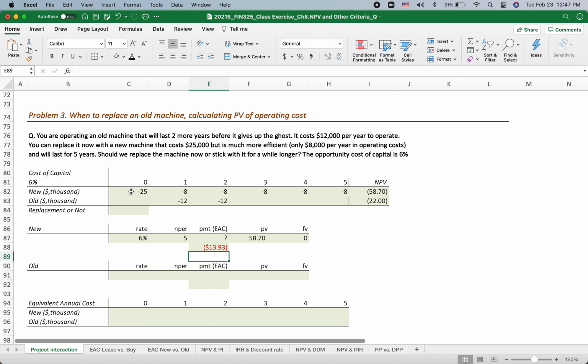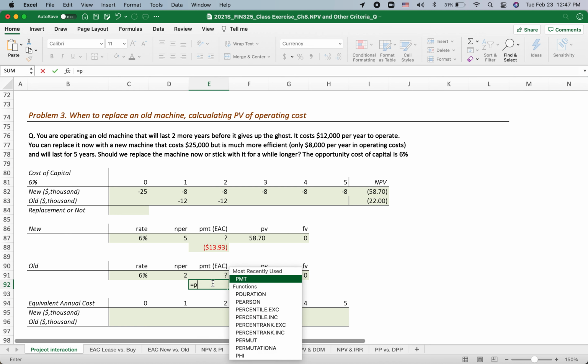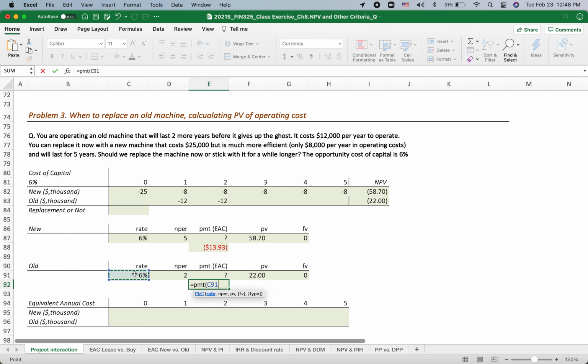If we recast this $58,000 cost throughout years 1, 2, 3, 4, 5, okay? Then next is the rate, same 6. And then year 2, that is what we want to know. Then present value 22. So let's calculate. PMT, annual payment, 6% to 22, 0.